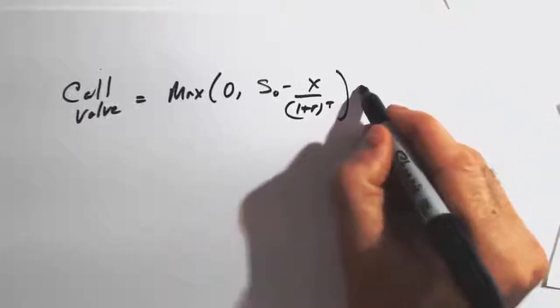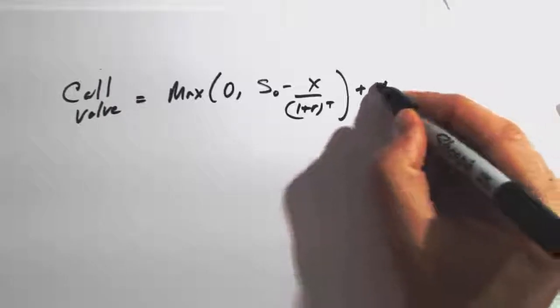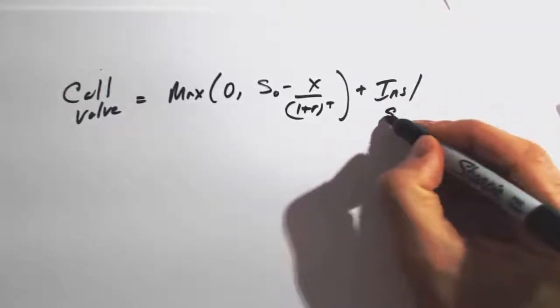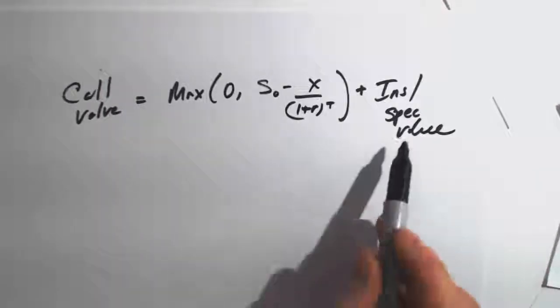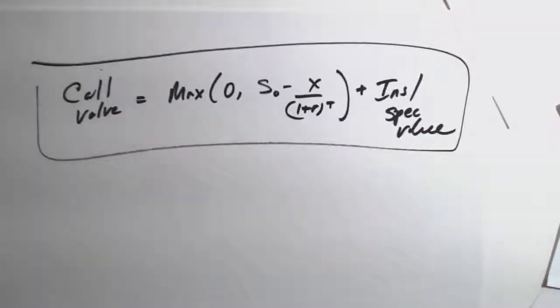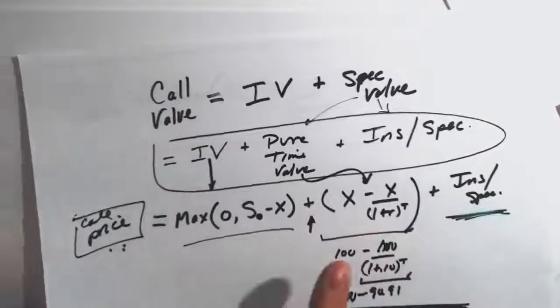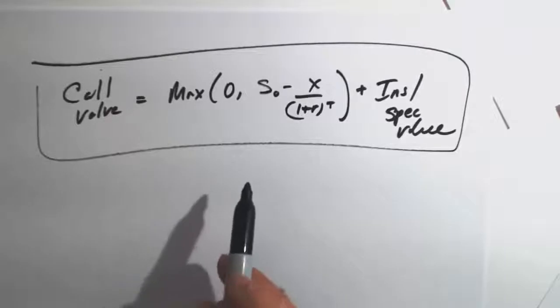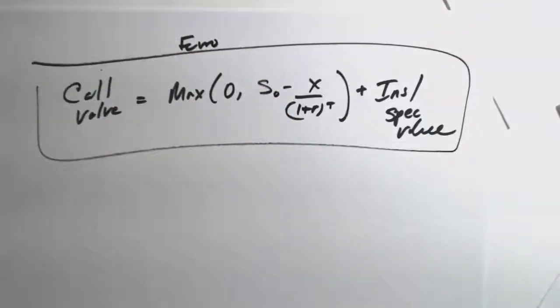Then we know it has what we call insurance or speculative value. So we just combined, we're back to exactly the way the textbook defined the two components. There's nothing wrong with doing that, except that I think there's more insight in what I was showing you earlier. But for this purpose, we're looking at a European option, and this is the way to decompose the price.